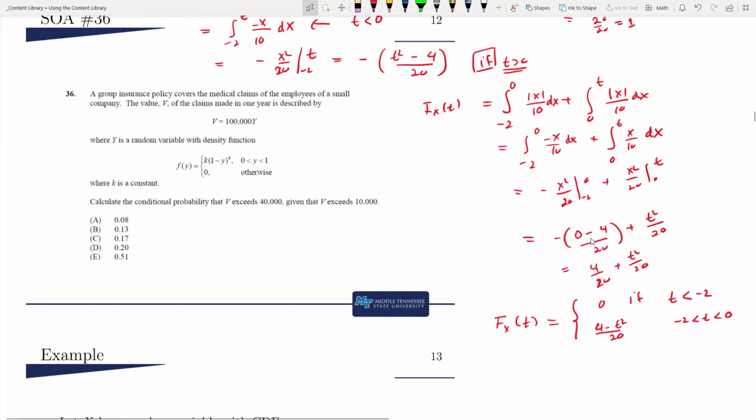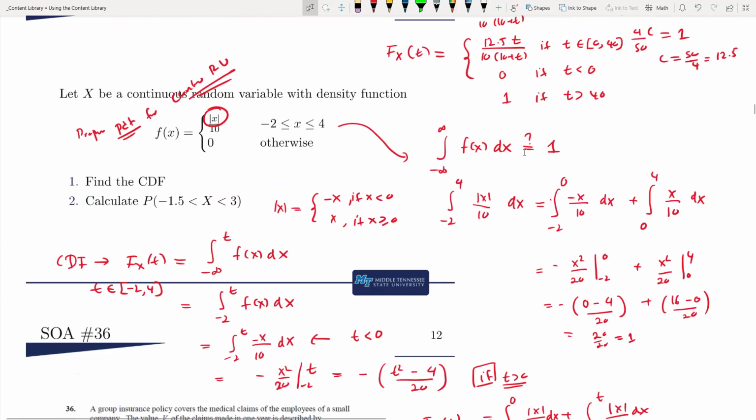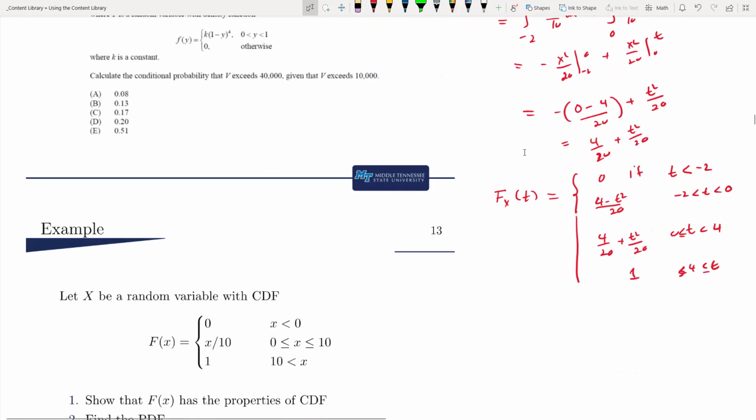If it is between 0 and 4, that would be 4 over 20 plus t square over 20. And if it is more than 4, that would be 1. So you can write the CDF.